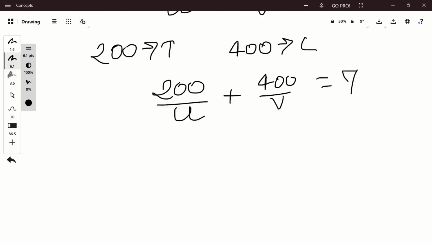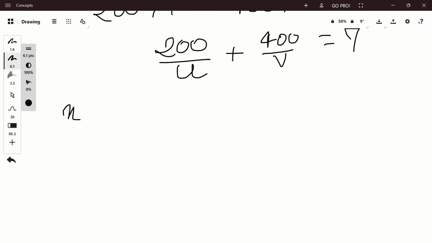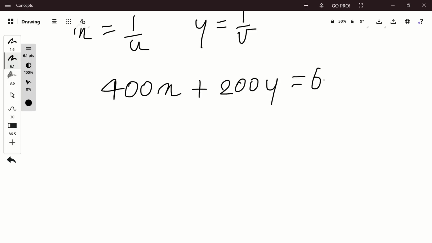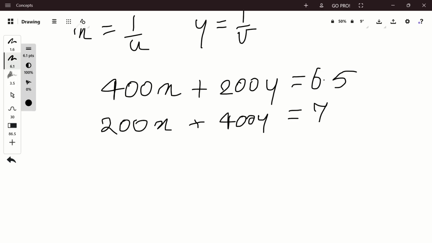Using substitution for simplification, let x be 1 by u and y be 1 by v. Now we have 400x plus 200y is equal to 6.5 and 200x plus 400y is equal to 7.